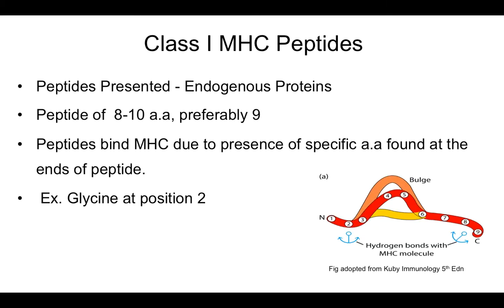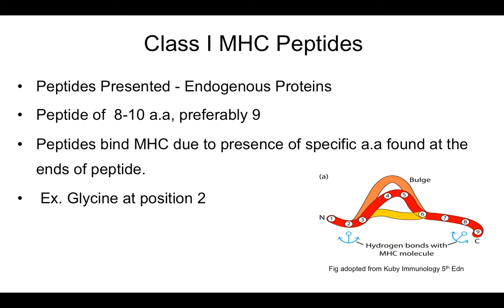Class 1 MHC molecules usually present the endogenous antigen. That means any antigen that is created inside the body of a particular individual is referred to as an endogenous antigen.